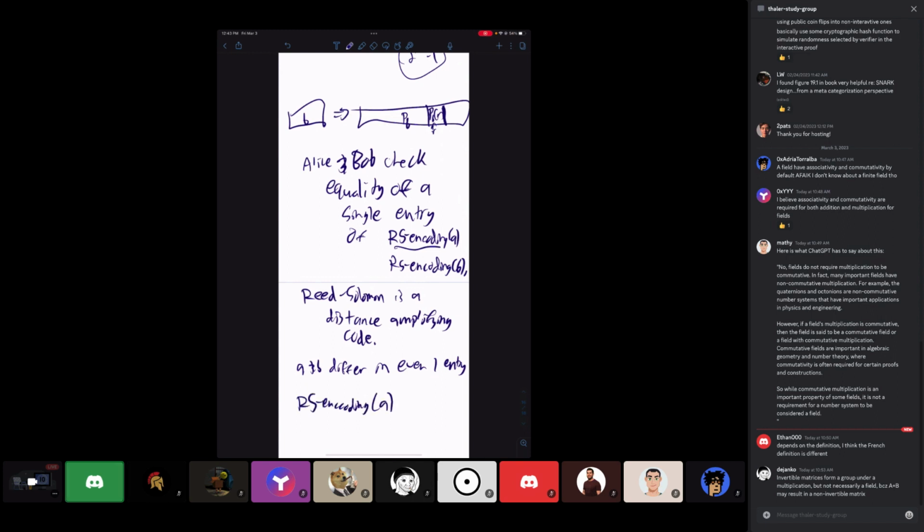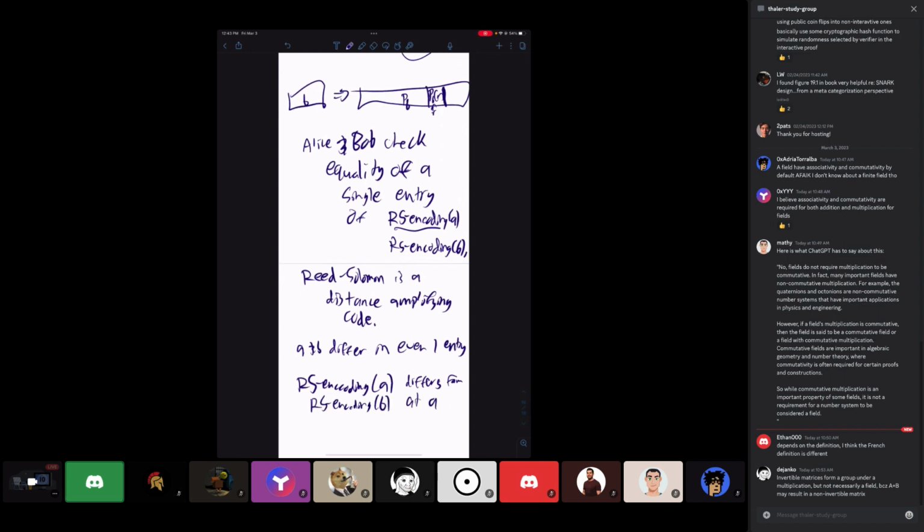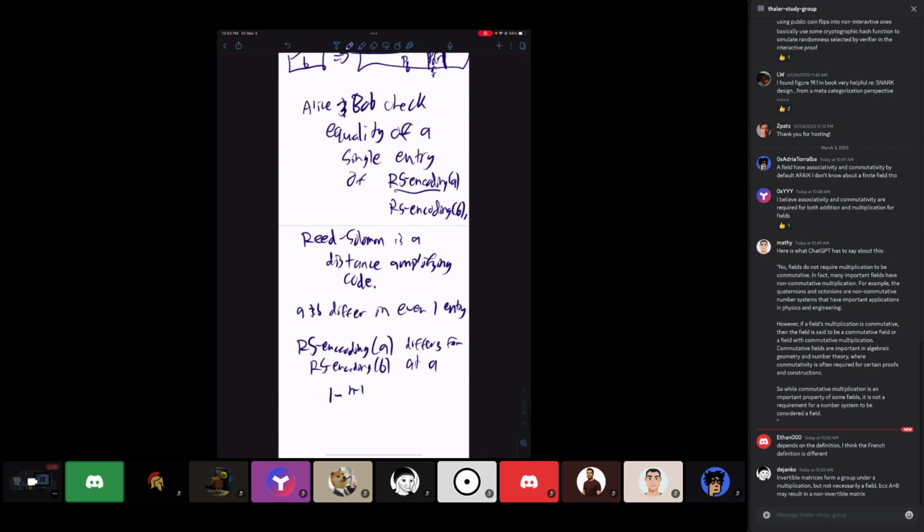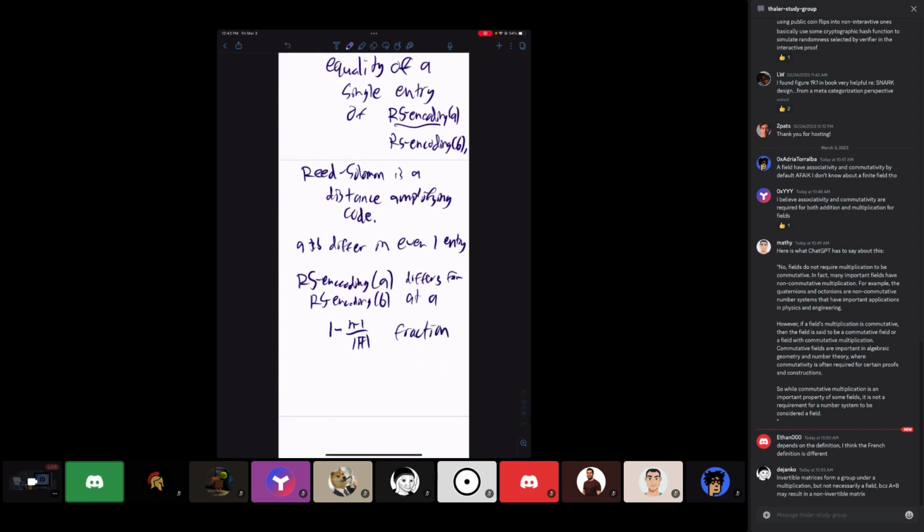So RS encoding of A differs from RS encoding of B at a 1 minus n minus 1 over field size fraction of entries. So they sort of blow up very tiny differences into huge, easily detectable differences.